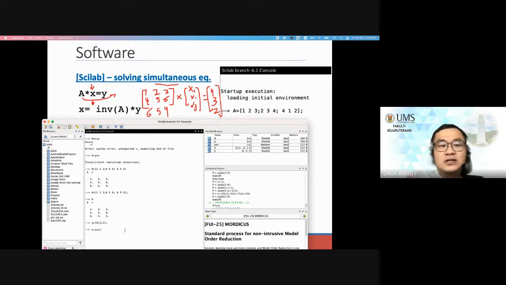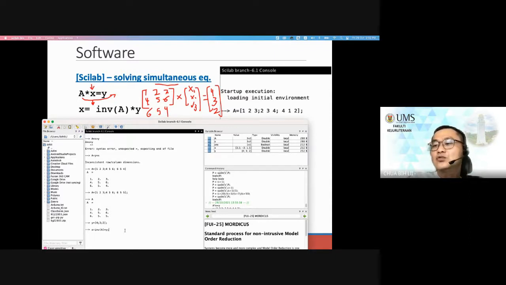This inverse is already a built-in function in Scilab or MATLAB. You just use it, and it will compute the inverse matrix for you and multiply by y. If you put a semicolon, it will solve for x but not display it.